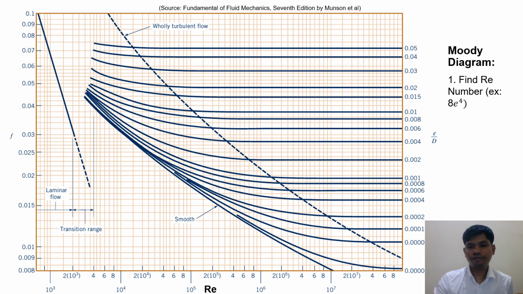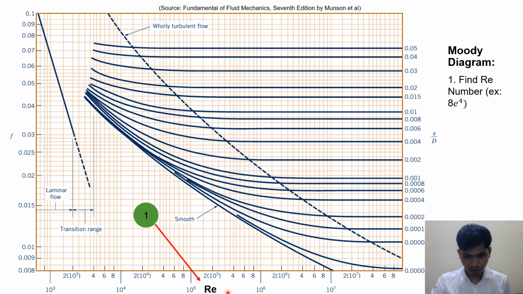For example, we get the Reynolds number based on the velocity, the diameter of the pipe, the viscosity, and the density of the fluid. So we get, for example, this Reynolds number, it is 80,000. Okay, and then this is where you can see from this diagram.